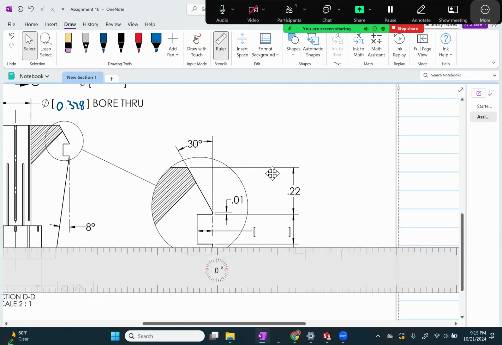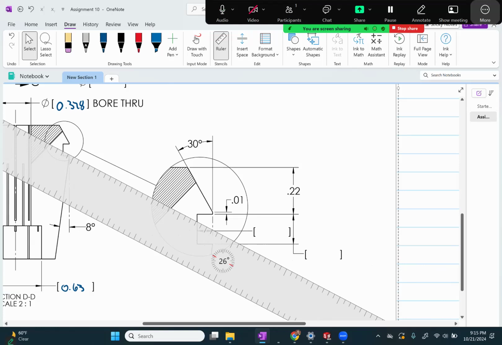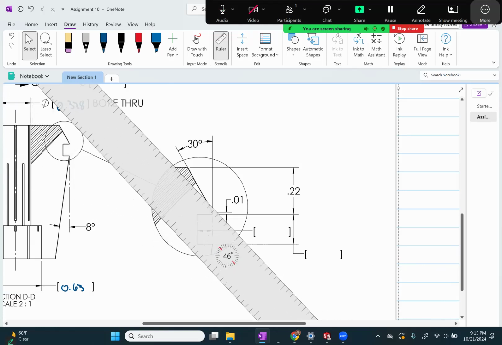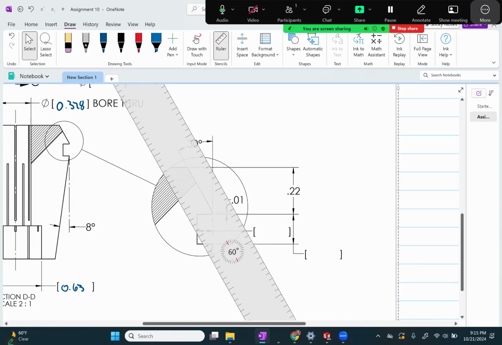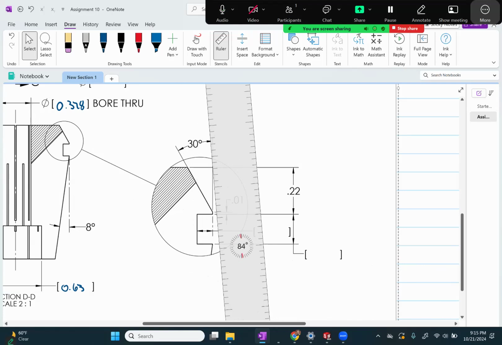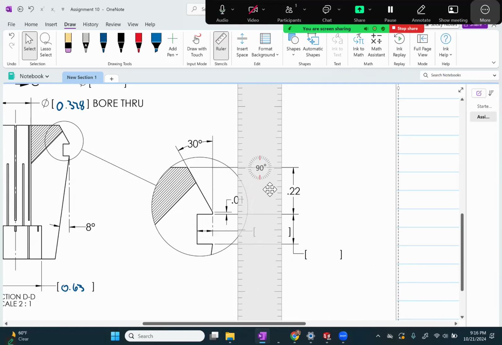The base measurement I'll be using is the 0.22. So let me rotate my ruler once more. My digital ruler. I don't think I've ever used a digital ruler until this assignment. All right. So let's line that up. And I know my ruler doesn't have any units.